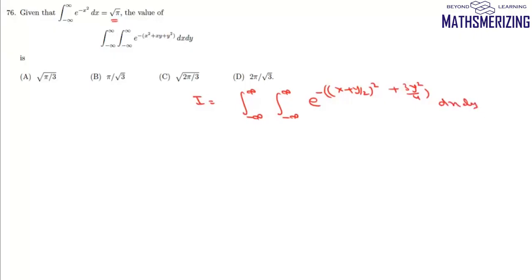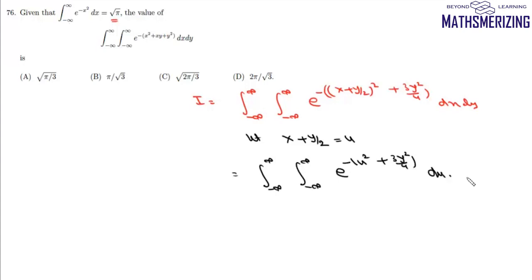Now we'll let this x plus y by 2 be some u. Then we can write this integral as from minus infinity to plus infinity, from minus infinity to plus infinity e to the power minus u square plus 3 y square upon 4, and it'll be simply du into dy.